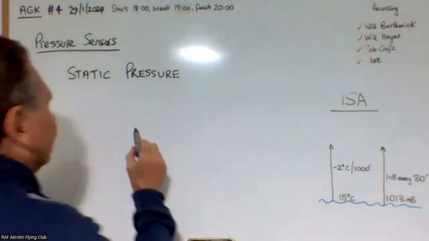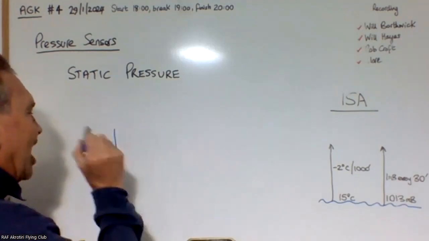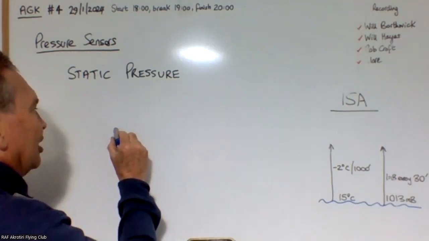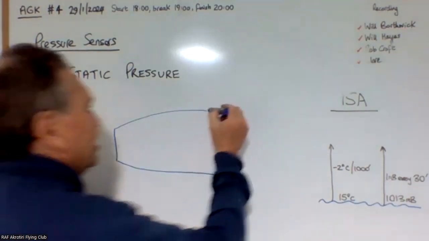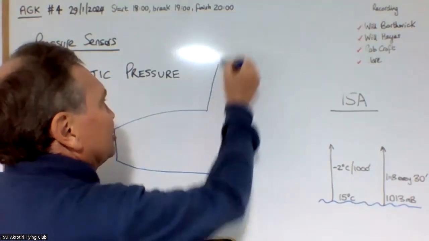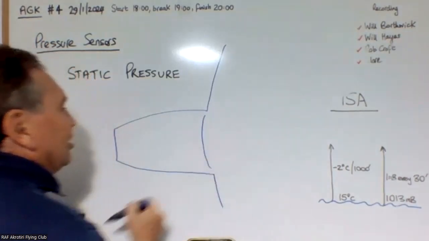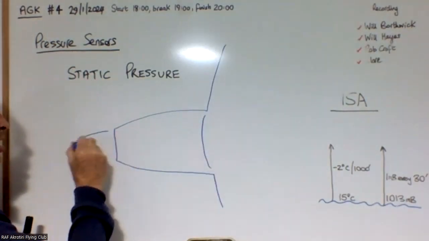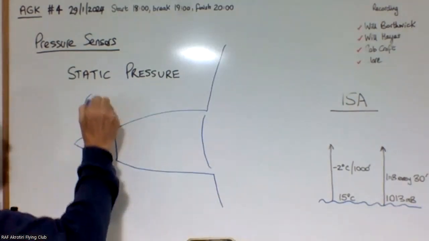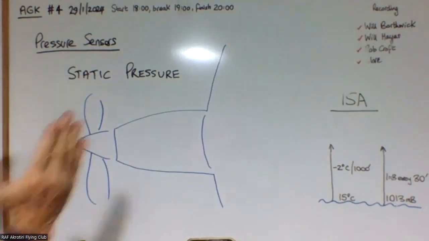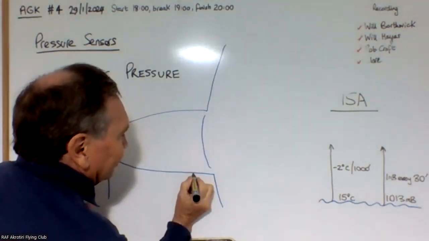If you look at the plan view of a typical light aircraft, the engine cowling comes back here, and then you've got the wings that stick out here, and then the cockpit is here, and the propeller is here. This is the plan view, and there's a point about here.